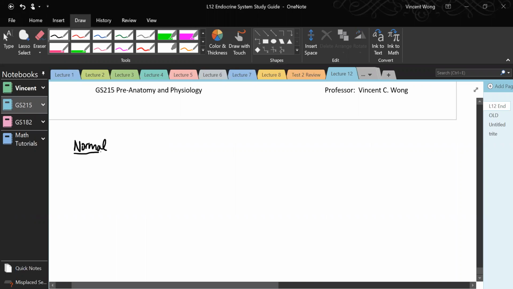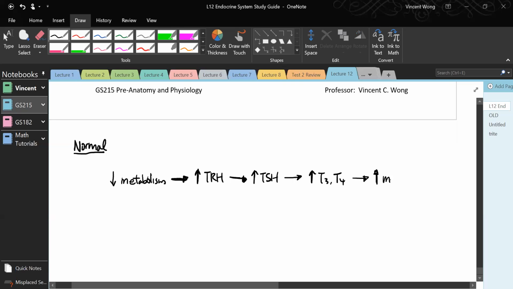Normally, if our metabolism goes down, what happens next is you will increase TRH from the hypothalamus. TRH will then increase TSH from the thyroid, which then increases T3 and T4, which then increases metabolism.